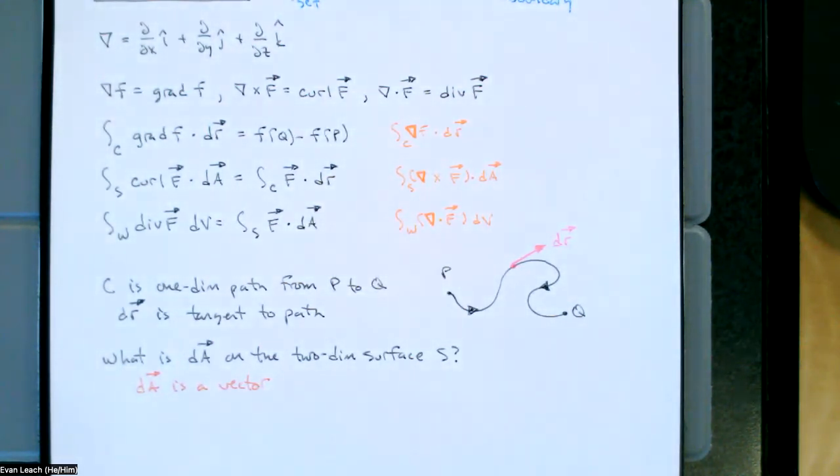Our first inclination might be to do the same thing we did with dr. It shows up in a similar context. We're integrating a vector field dotted with dA instead of dr. In the case of a line, the dr was tangent. Maybe we should go with the tangent, but tangent to a surface is a plane, not a line.